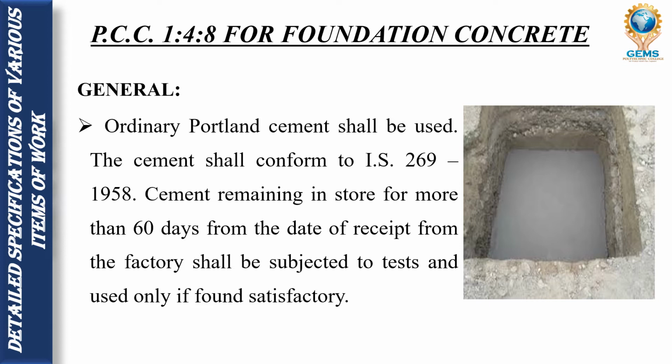Otherwise we should not use that cement. If it is for more than 60 days it will get spoiled, right? So based on the test result only we can use that cement. So we can use ordinary Portland cement according to the code book IS 269/1958, and if it is in store for more than 60 days we need to check it, and after that only we can use that cement.